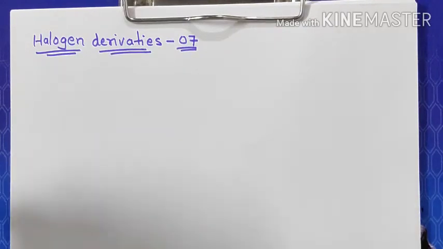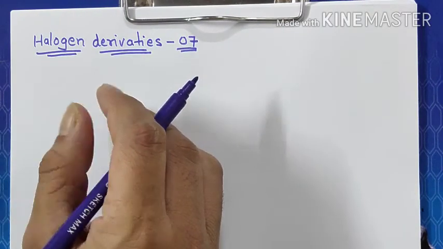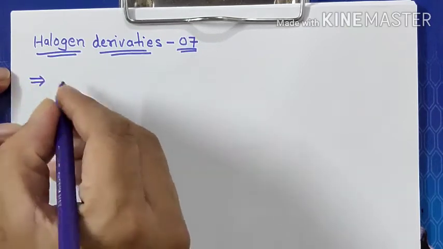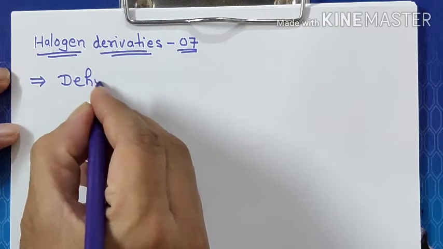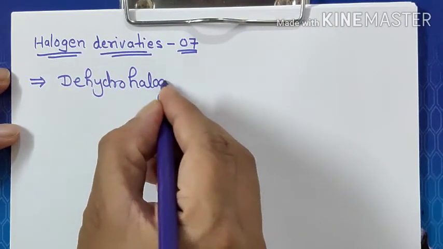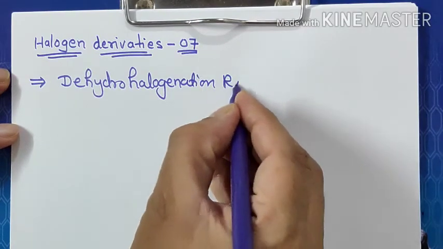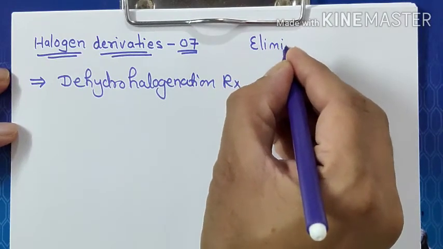Today we'll continue with the reactions of alkyl halides, and first we'll be doing the dehydrohalogenation reaction. Actually, it's an elimination reaction.